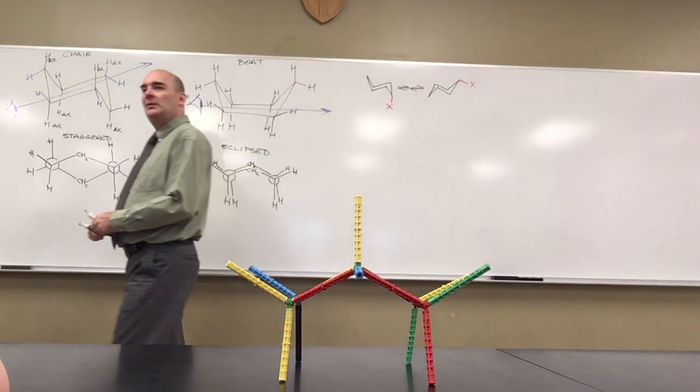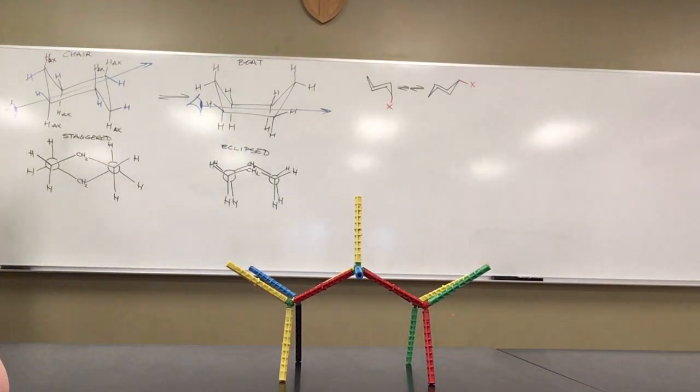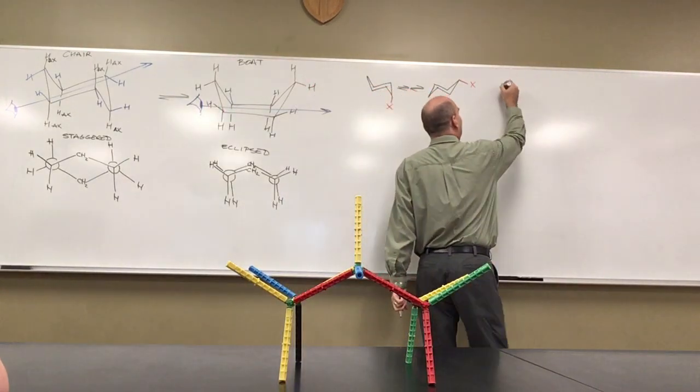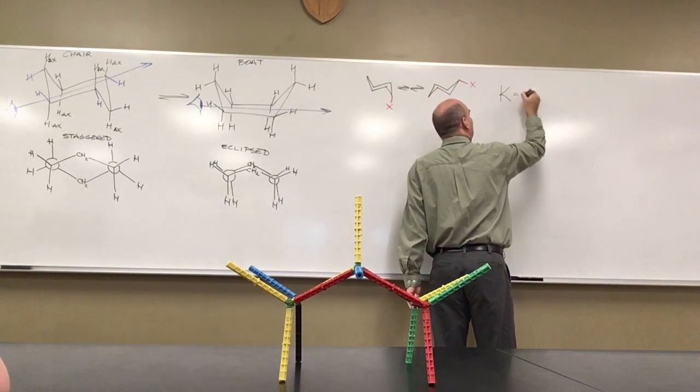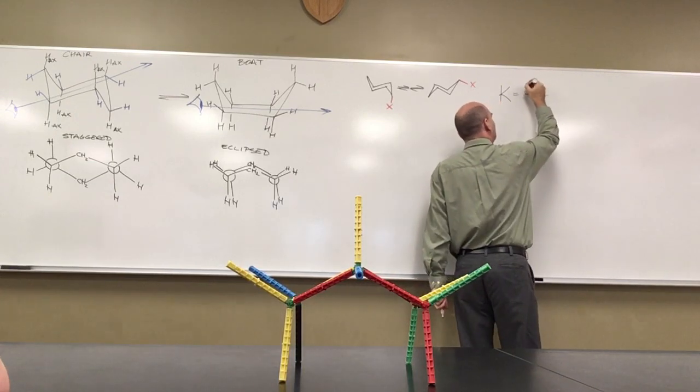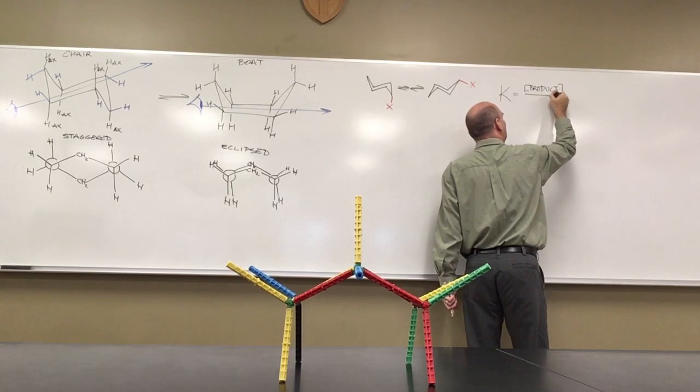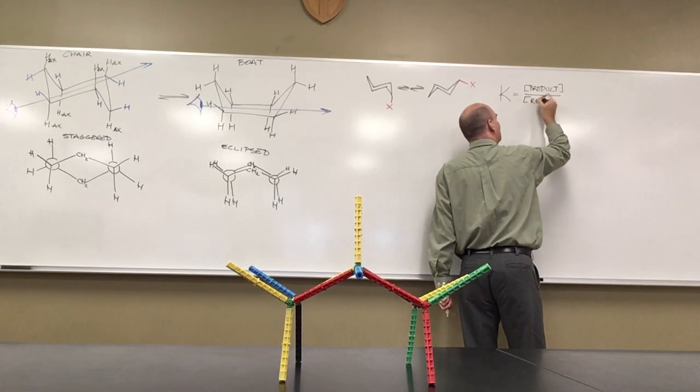Now, that's a combination of equilibria. Remember equilibria constants? The equilibrium constant is the concentration of the product divided by the concentration of the reactant.